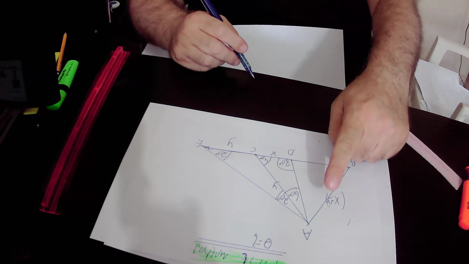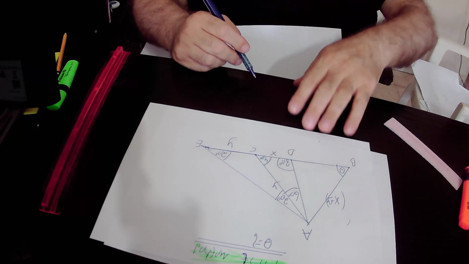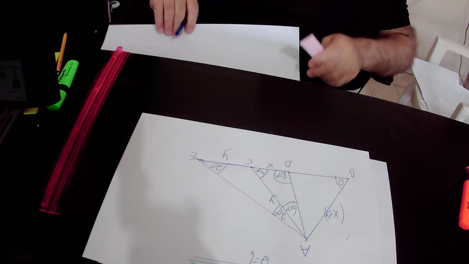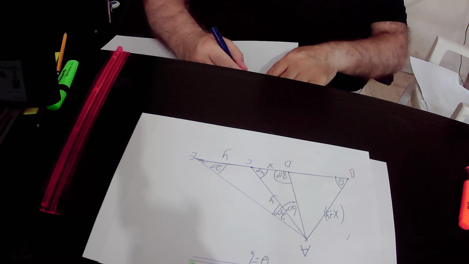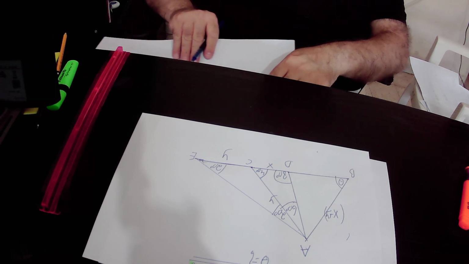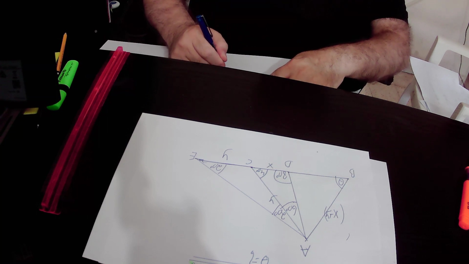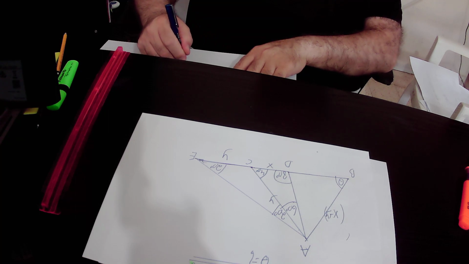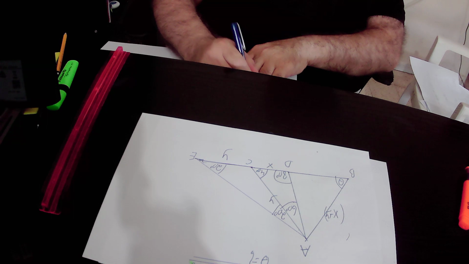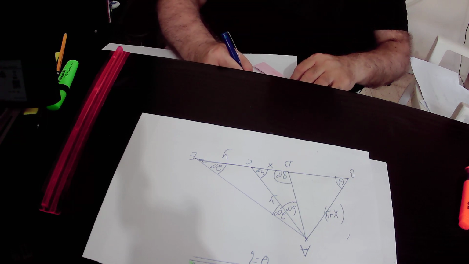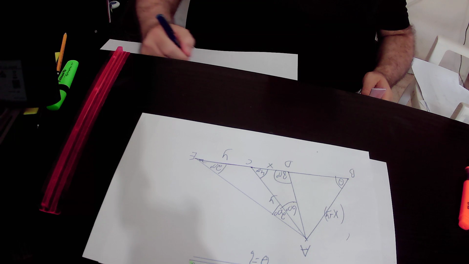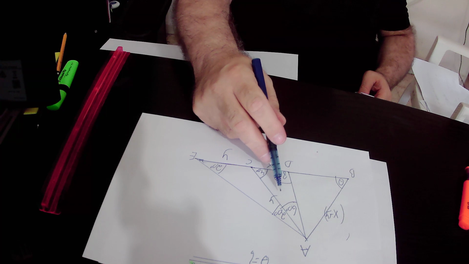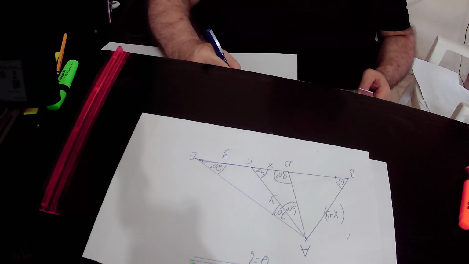In the next step, we will focus on triangle ADE. So I copy triangle ADE in a new page and we'll analyze this triangle. Angle DAE equals 60 degrees plus 20 degrees, it is 80 degrees.